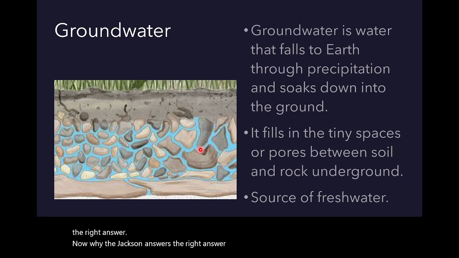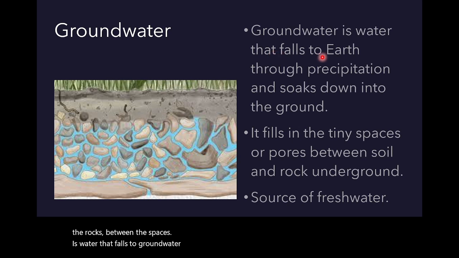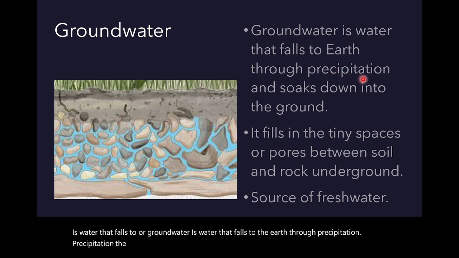See, this is underground. You can see the blue is the water. Blue color is water. Inside the underground, between the rocks, between the spaces, is water that falls to earth. Groundwater is water that falls to the earth through precipitation. Precipitation, the simple word is rain.